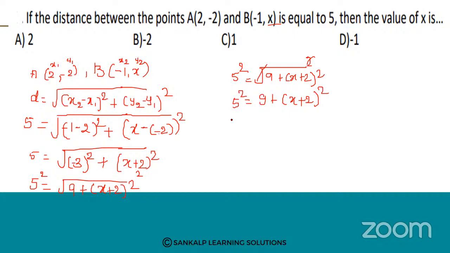Okay. Next, 5 square is 25, 5 into 5 is 25, equal to 9 plus (x + 2) square.